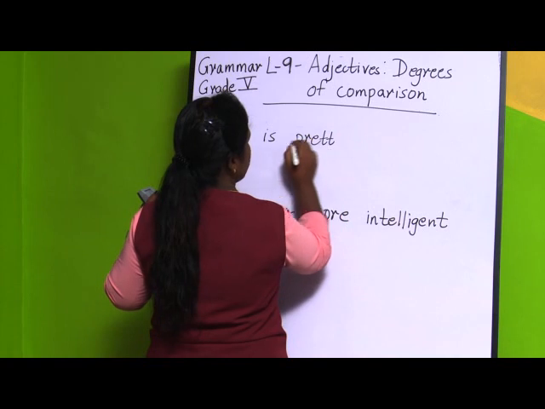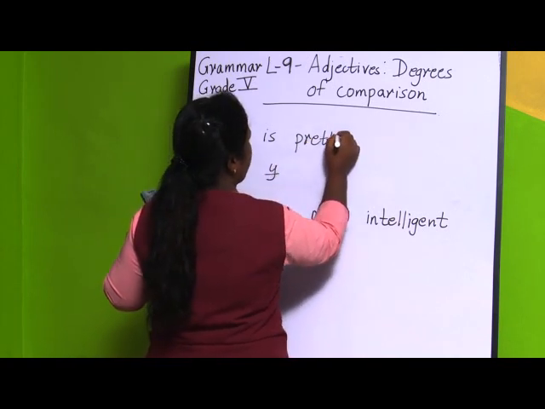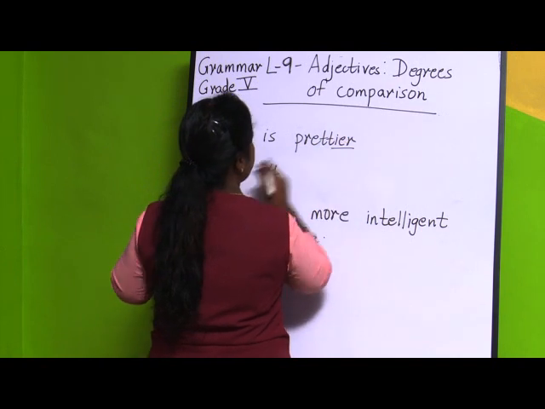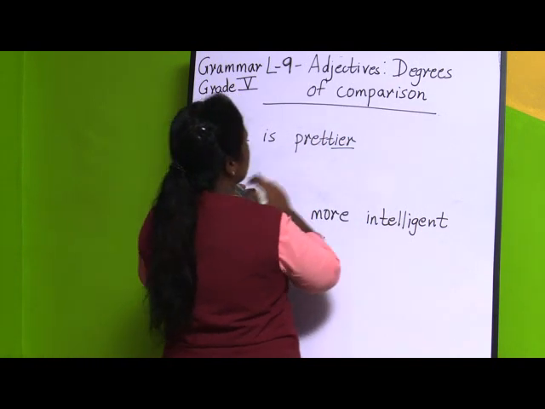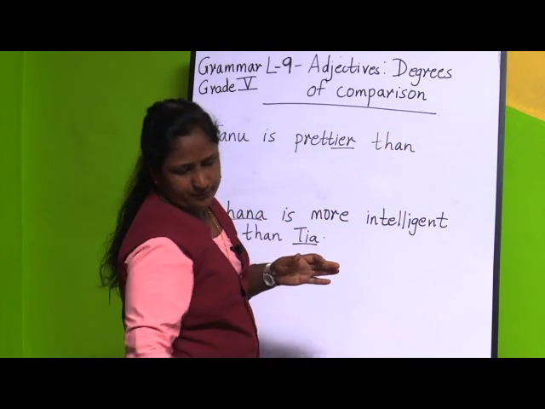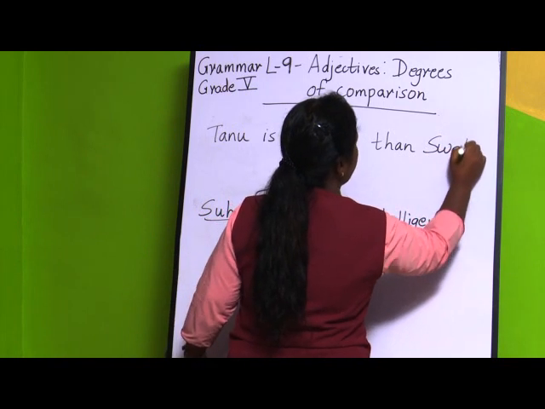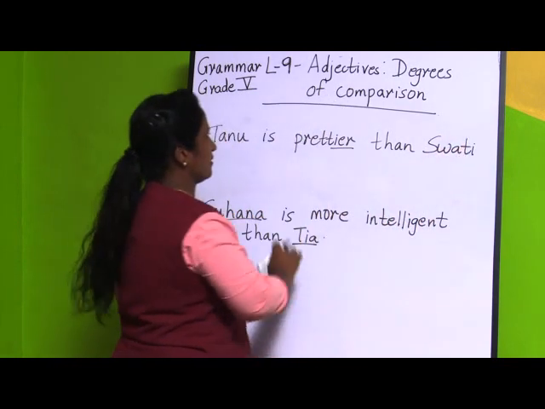Prettier, because see, it is ending with y, pretty. So, instead of y, I-E-R, it is comparative degree. Prettier, Tanu is prettier than Swati. So, there is comparison between two, Tanu and Swati.